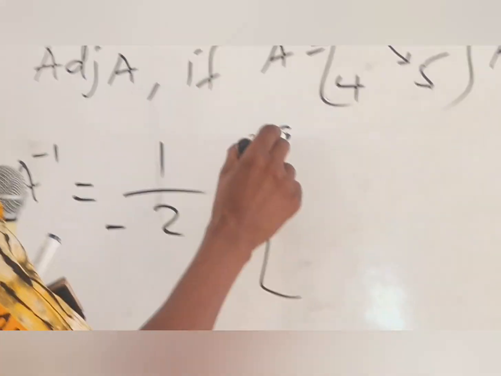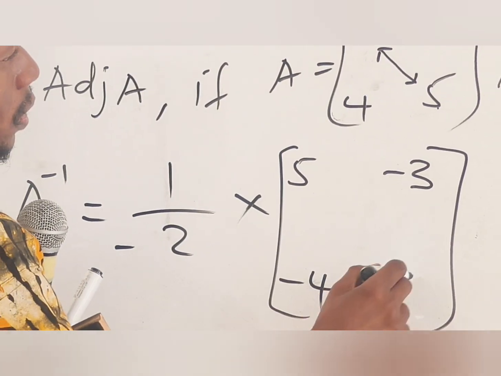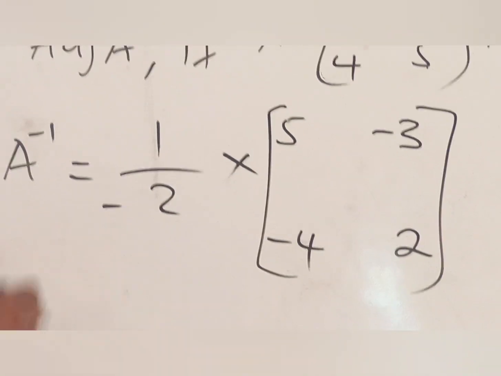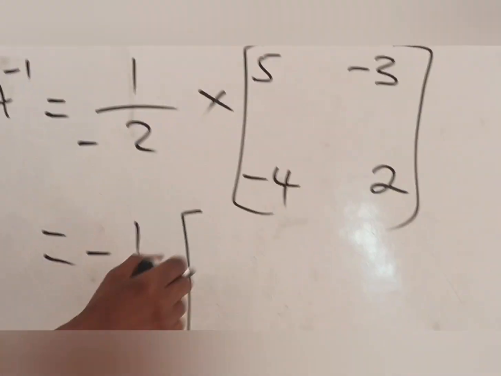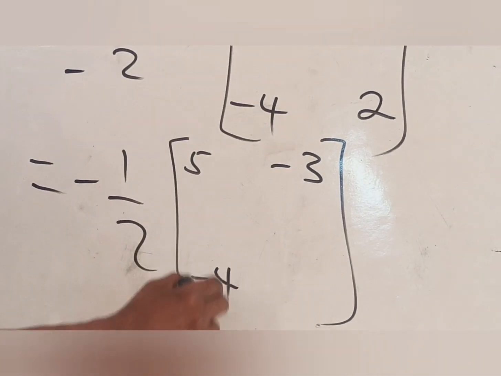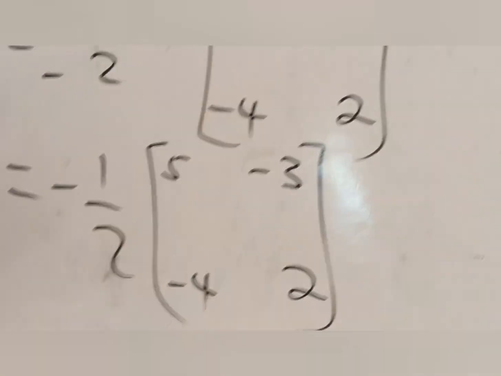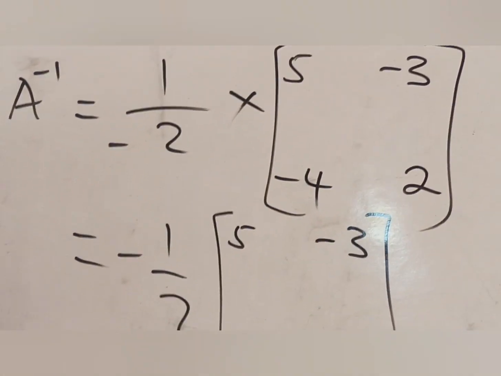What's the adjunct? 5, negative 3, negative 4, 2. So you multiply negative 1 over 2 by 5, negative 3, negative 4, 2. This one becomes our scalar.